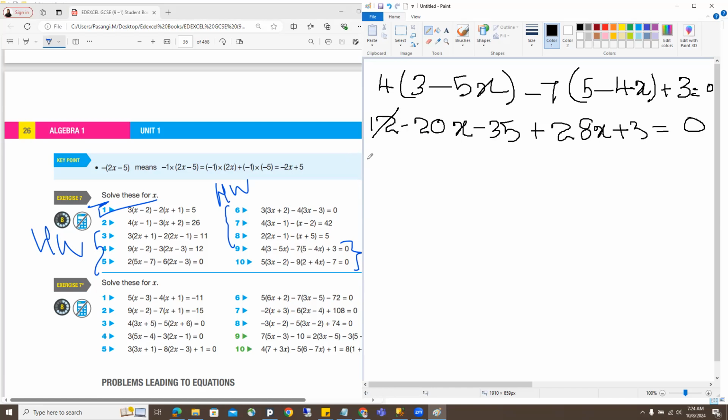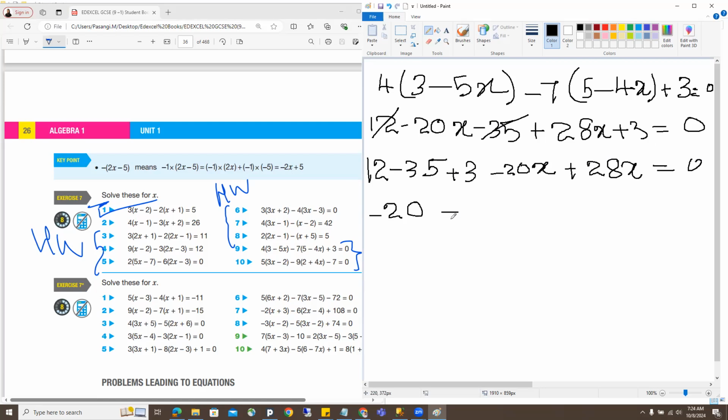So 12 minus 35 plus 3, I took all those together, and minus 20x plus 28x is equal to 0. Now what will happen? 12 plus 3 is 15. 15 minus 35 is minus 20.